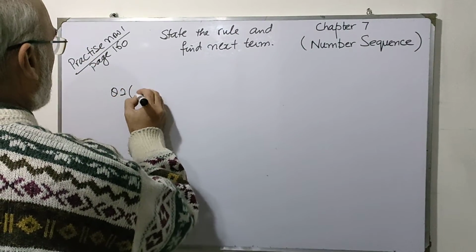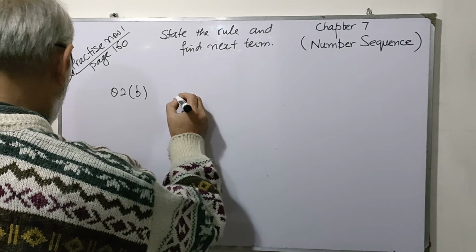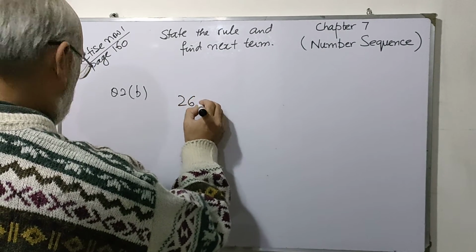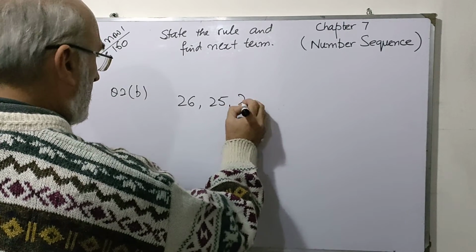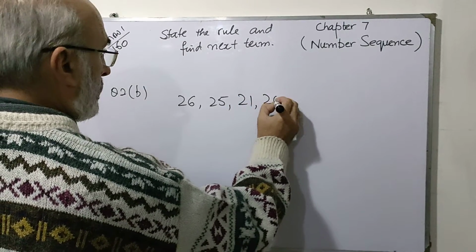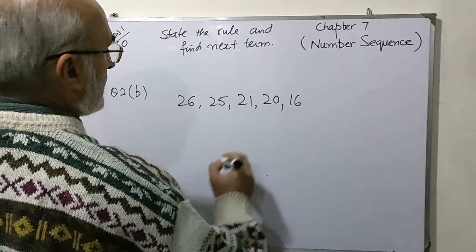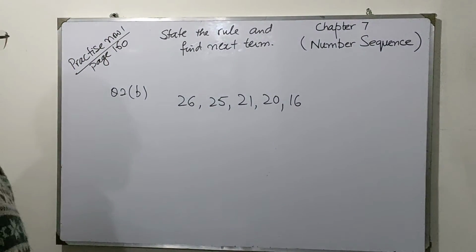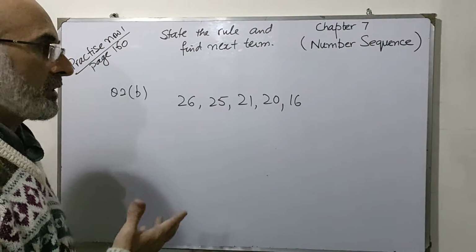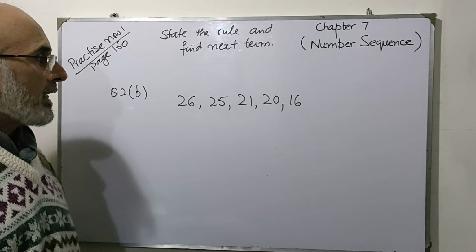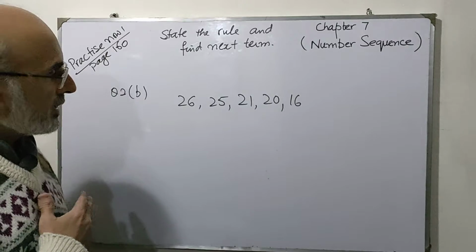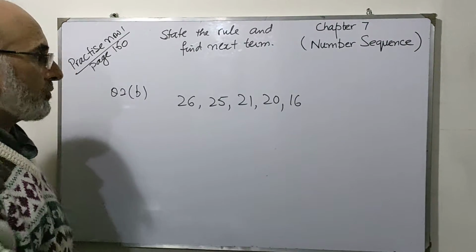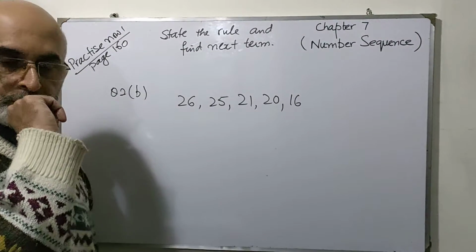Question 2, B part. 26, 25, 21, 20, 16. So we have a list of numbers, a number sequence, and all are positive integers, and we can see there is a decreasing trend from 26 to 16.